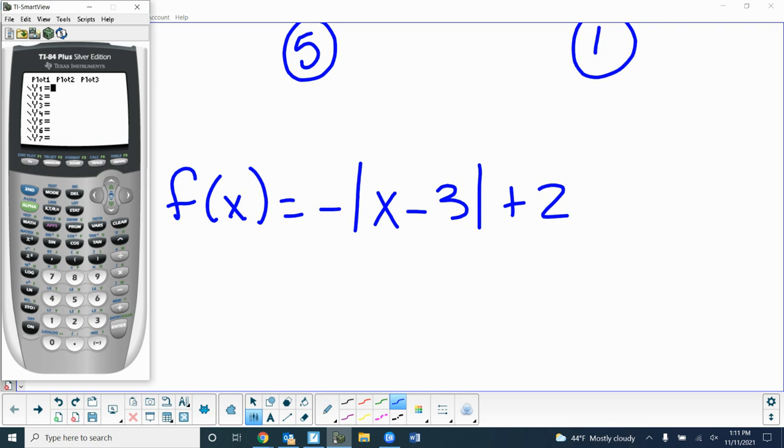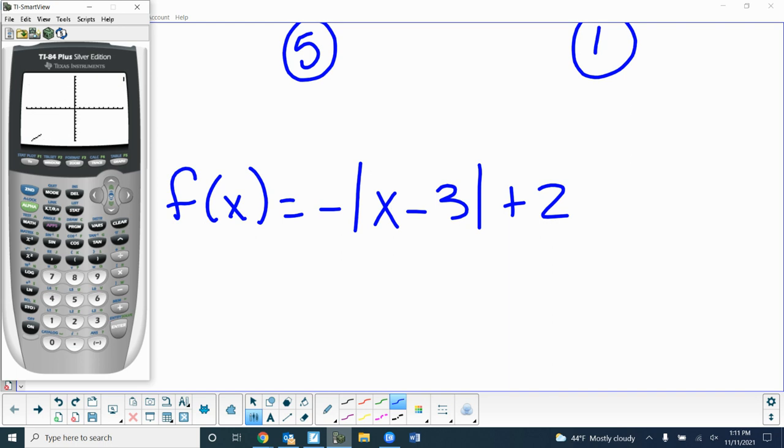How do I find the negative sign? Down here, right? How do I find the absolute value sign? Math. Move over to number. Enter. That's for absolute value. Put x minus 3. Now you use the minus sign. Close it up. And then the plus 2.